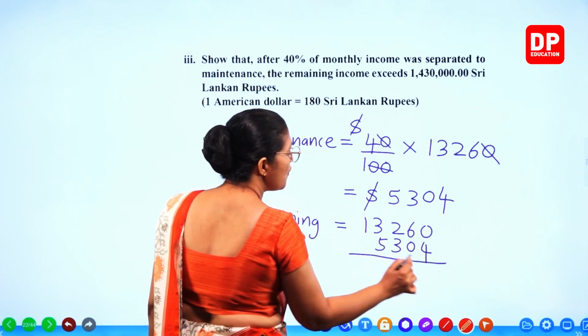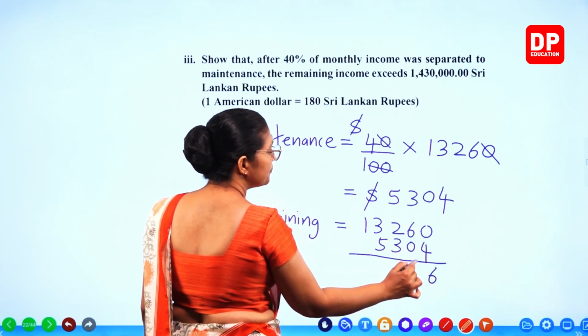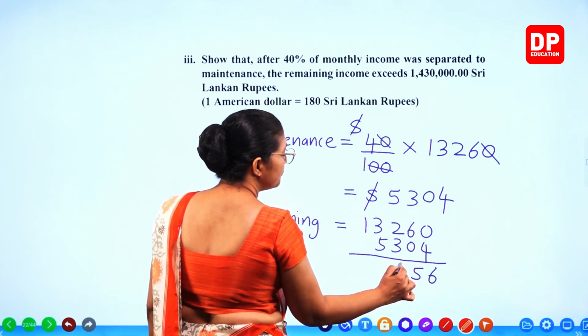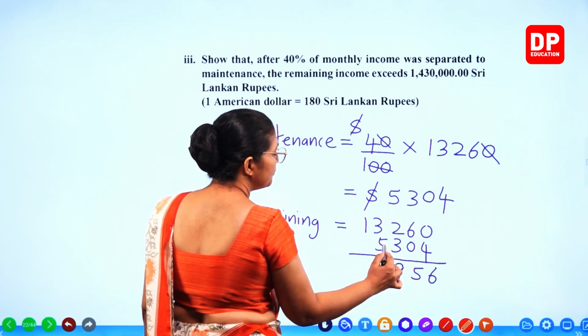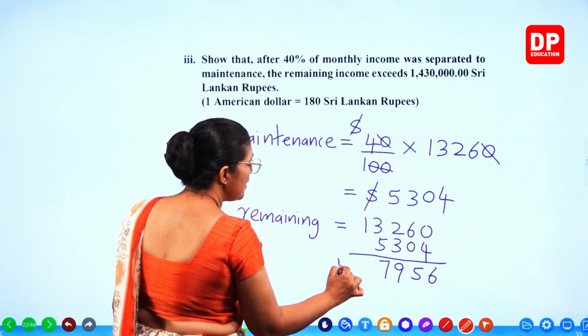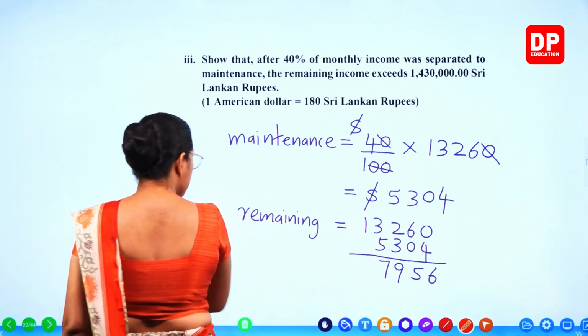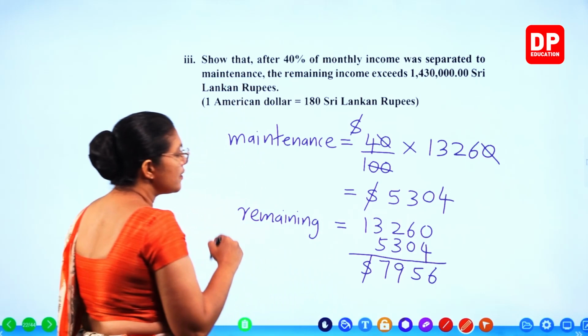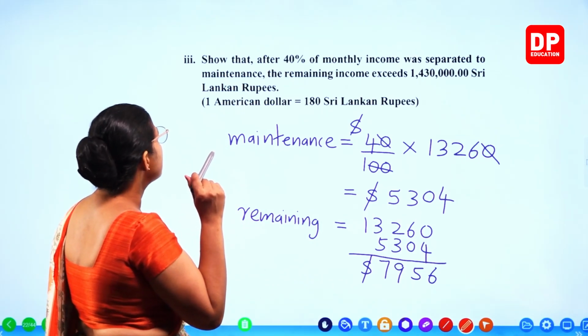That's the 60% value. 7,000. So this is also in dollars. 7,956 is the remaining amount.